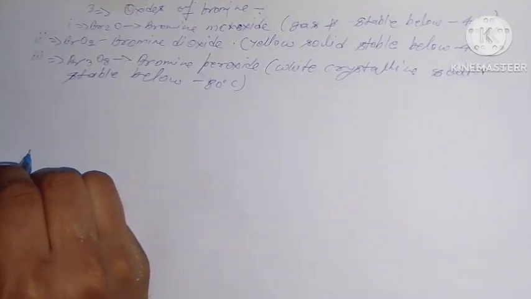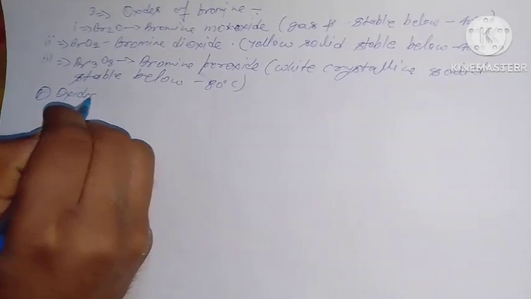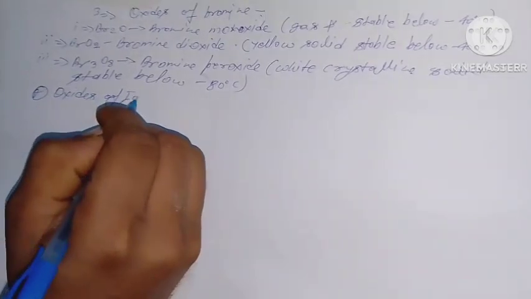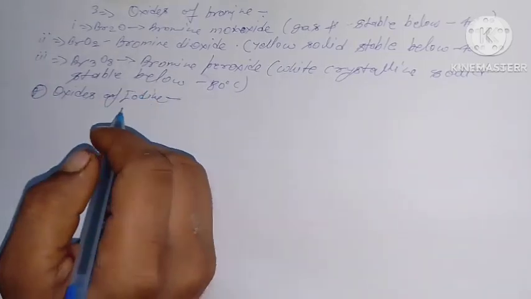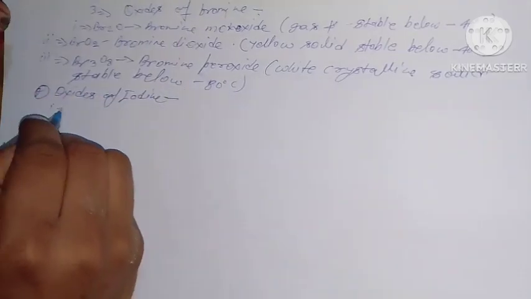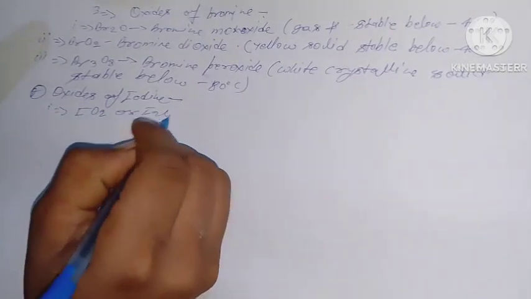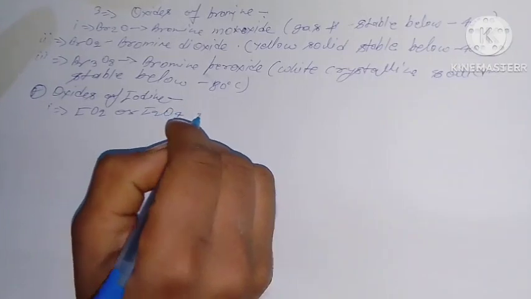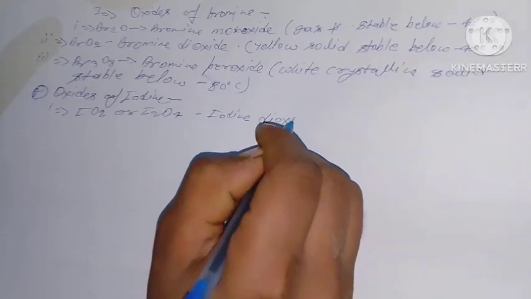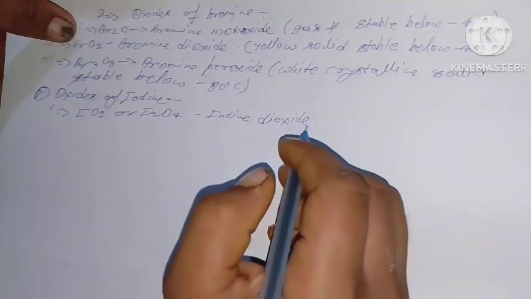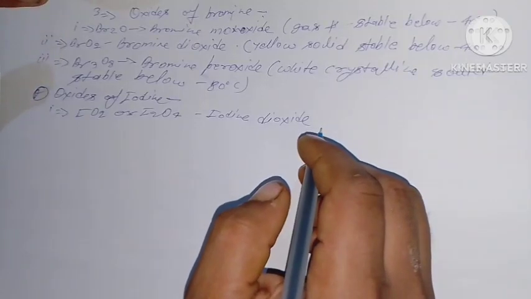Oxides of iodine. Iodine also forms three oxides. First, IO2 or I2O4, iodine dioxide. This is the stablest oxide of iodine.